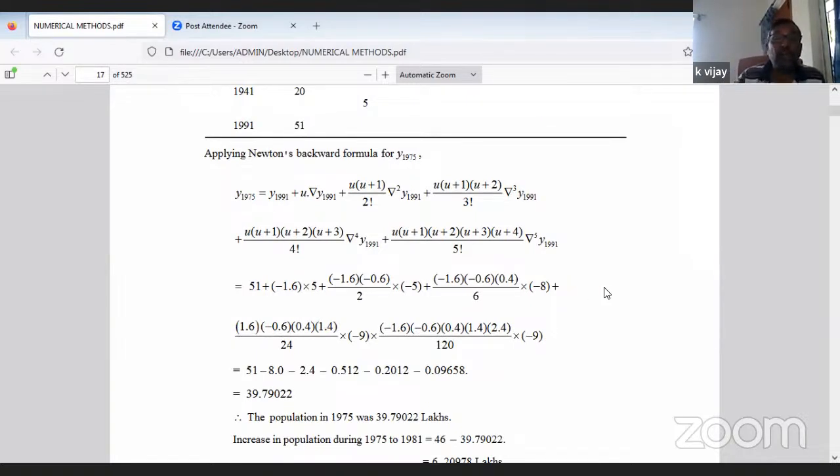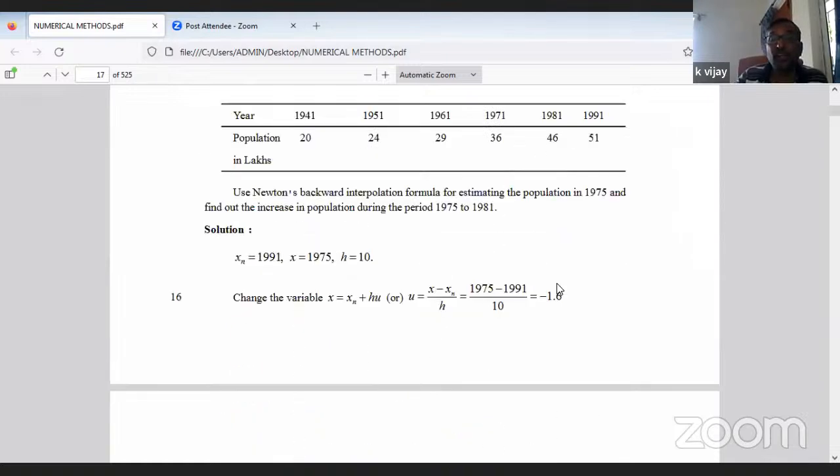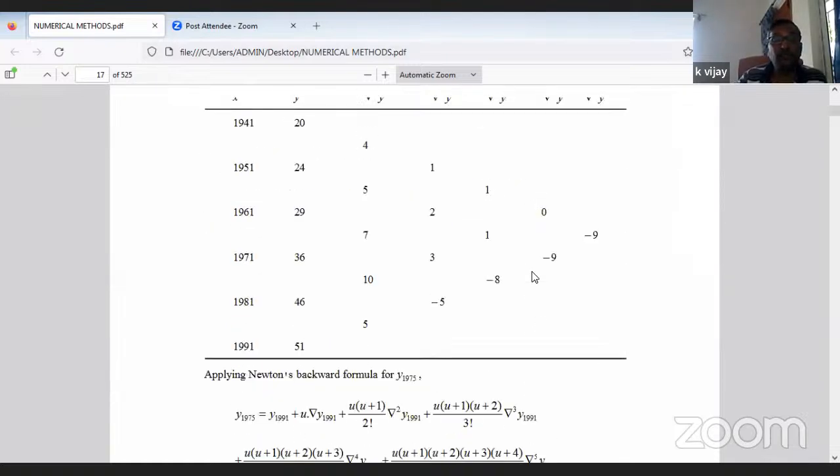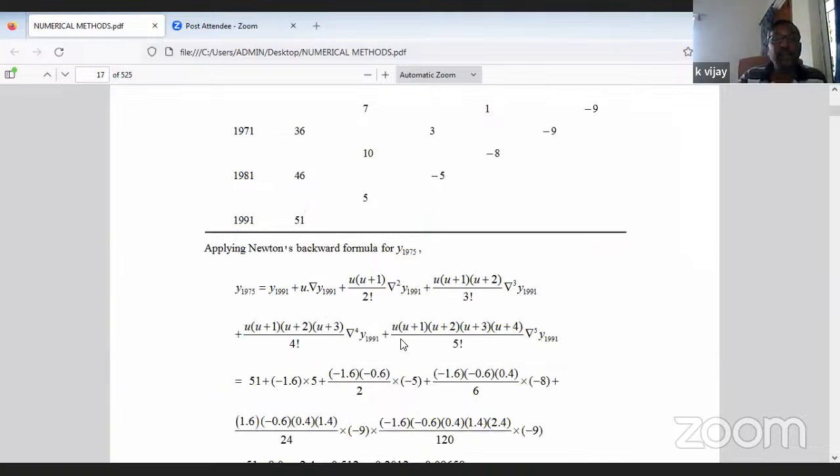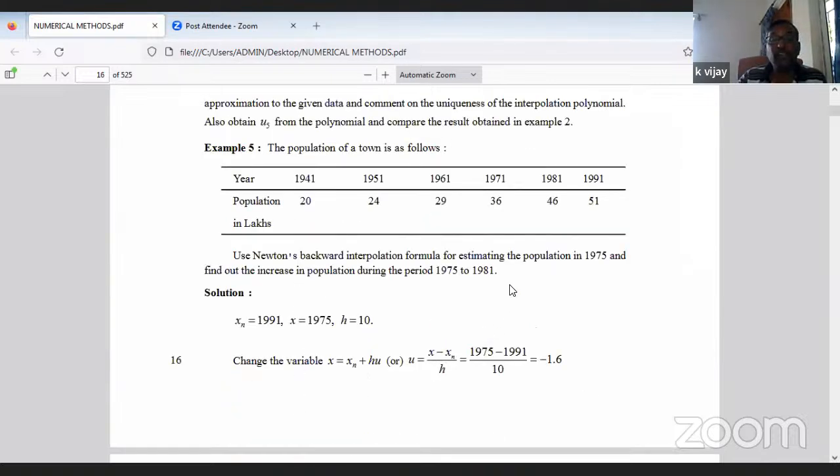So what are they asking here? The population in 1975. What is the formula?